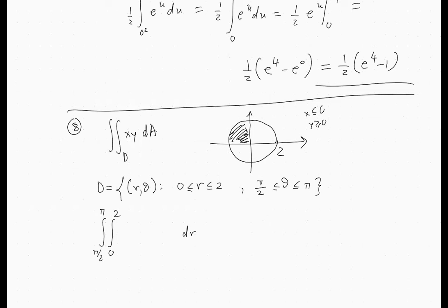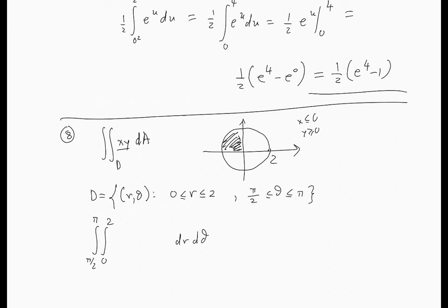How about the integrand? I remind you that in polar coordinates, we have that x is equal to r cosine theta and y is equal to r sine theta. So this will give us r cosine theta times r sine theta, and that takes care of the integrand. And there's one last step not to forget, the Jacobian, which is r.